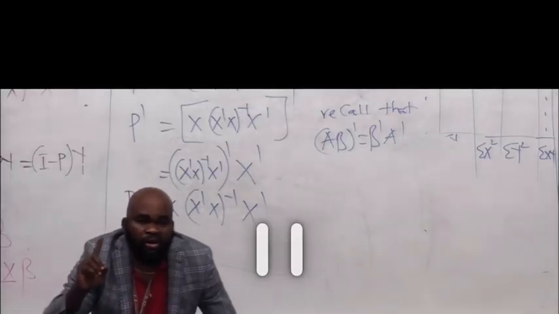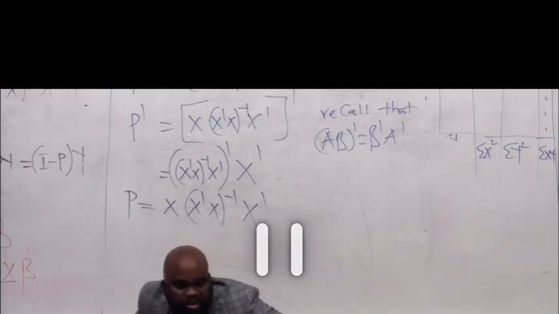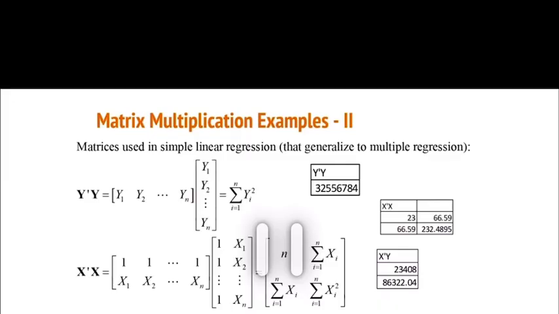How am I going to set it up? Pay attention. In my data set, I need X prime X, right? I told you the other time, this is the formula. Here, the number of observations in the data, the sum of X, and the sum of X squared, I'm going to plug that in there.